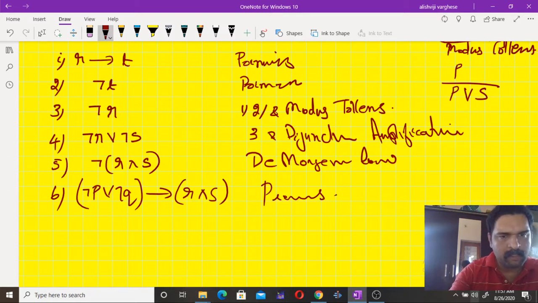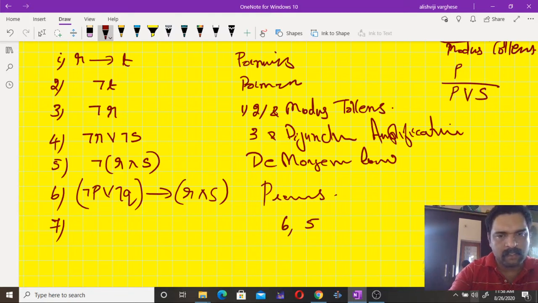Then if we combine this premise with the fifth, the sixth premise, and if we use the fifth step, negation of R and S is true.